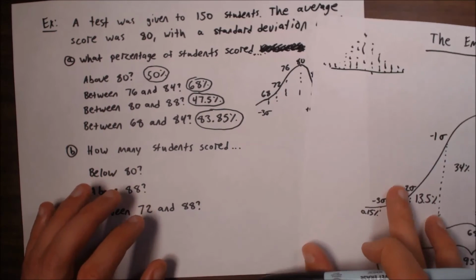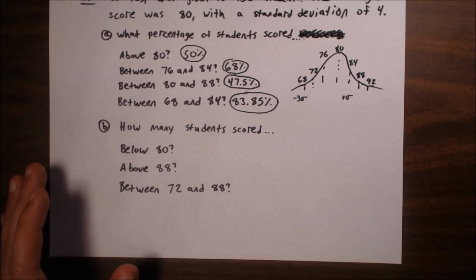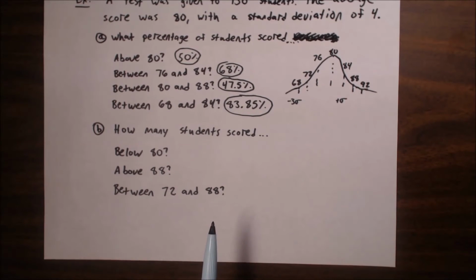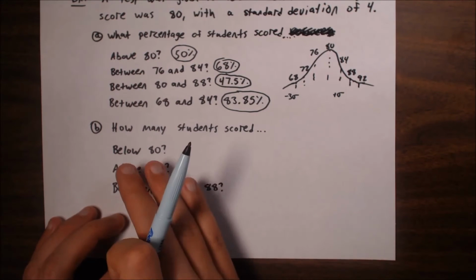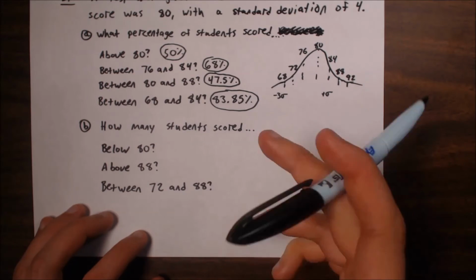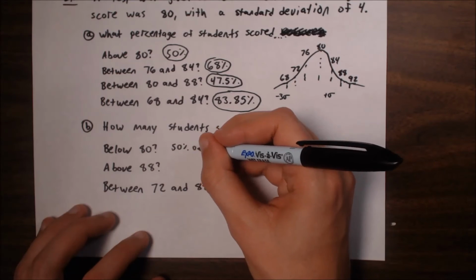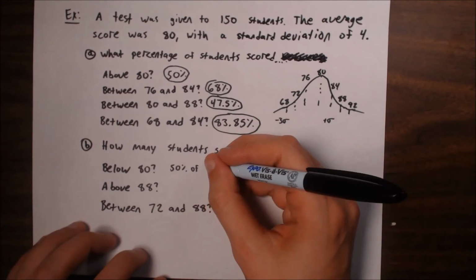Okay, that's the percentage questions. Now the other questions are going to say how many students. Okay, how many is not a percentage, although it's going to be based on a percentage. So the first thing we want to do here is figure out the percentage. What percentage were below 80? Below 80 is the other 50%. Okay, so that's 50%, but we want 50% of the total, which was 150 students.